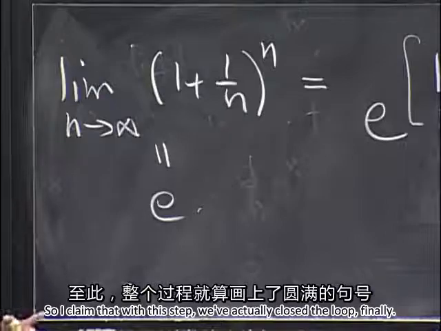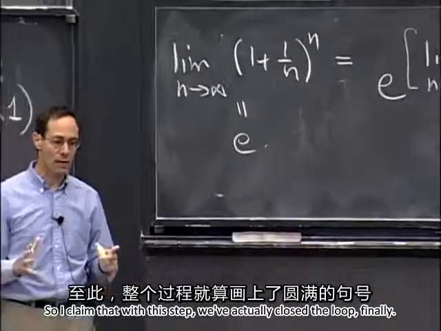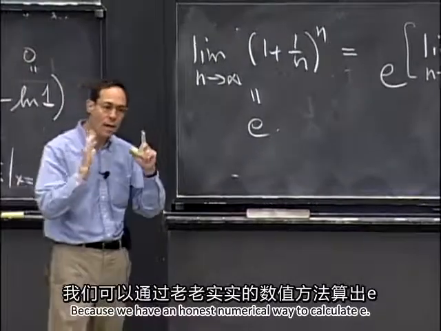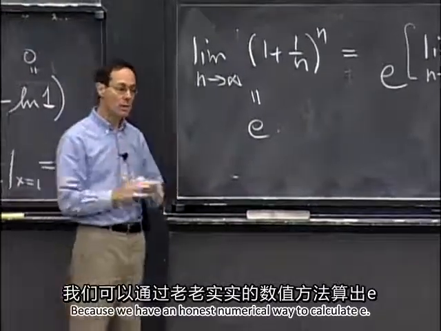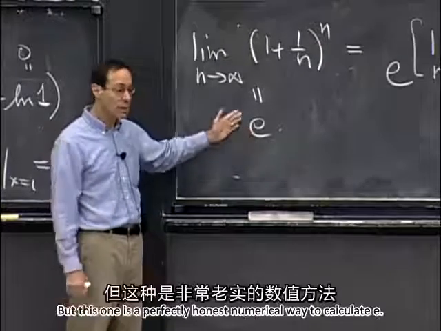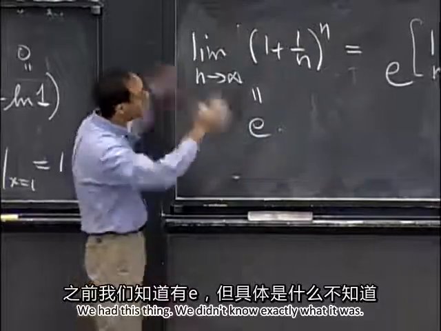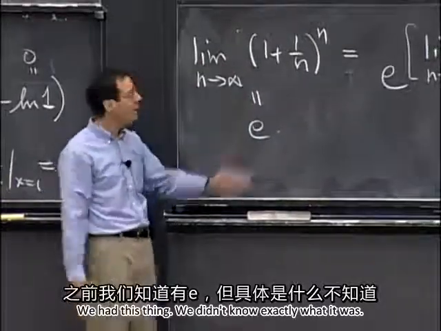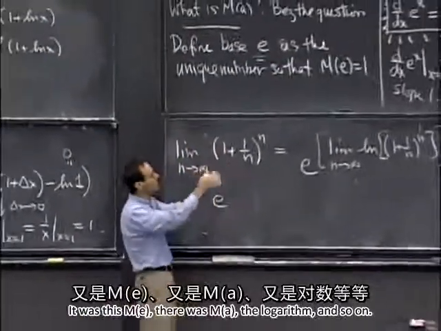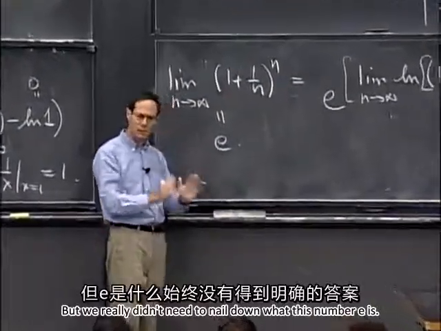So I claim that with this step, we've actually closed the loop finally, because we have an honest numerical way to calculate e. First, there are many such, but this one is a perfectly honest numerical way to calculate e. We had this e, we didn't know exactly what it was. It was this m of e, there was m of a, the logarithm, and so on. We have all that stuff, but we really didn't need to nail down what this number e is.